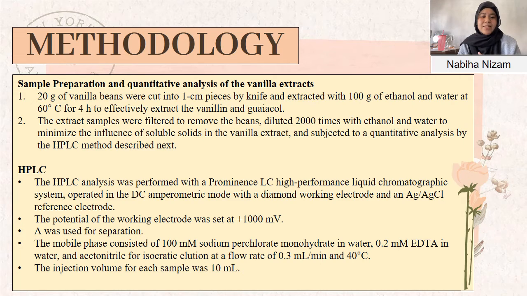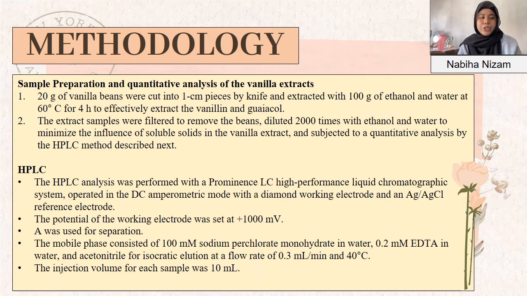For the HPLC analysis, it was performed with a Prominence LC high-performance liquid chromatographic system operated in the DC amperometric mode with a diamond working electrode and a silver chloride reference electrode. The potential of the working electrode was set at 1000 mV.